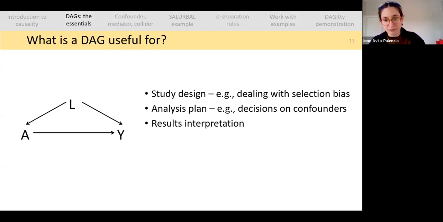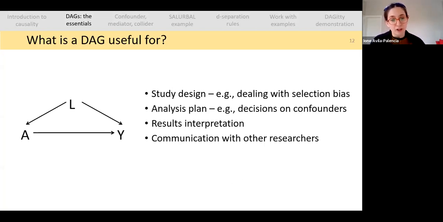Another way that DAGs are very useful is to communicate with other researchers, because a DAG is very visual and kind of intuitive to understand. It's always easier to explain to another researcher what you're doing by drawing instead of just using words.